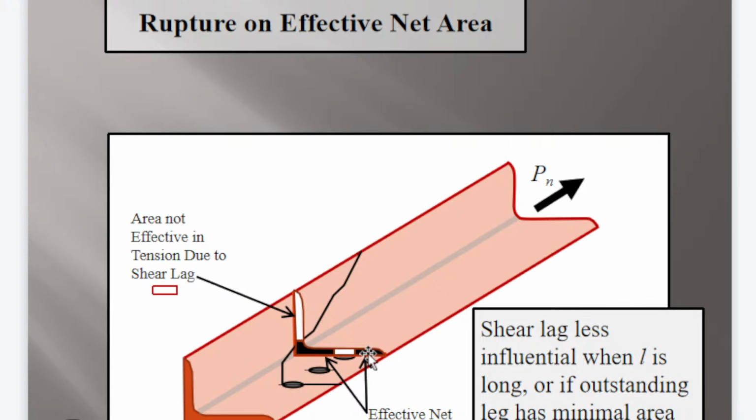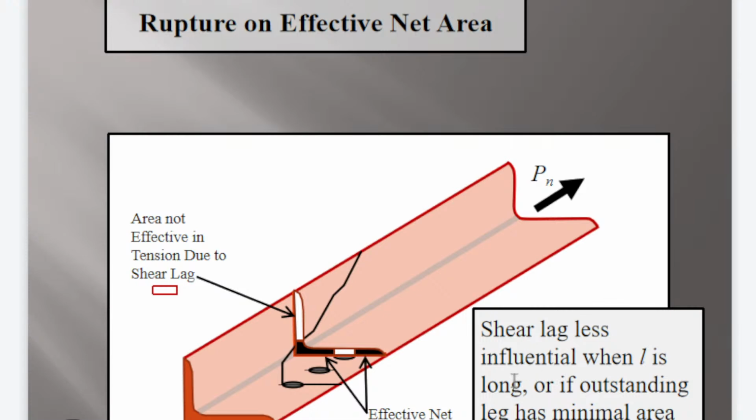These are in tension. The white is the whole projection, and this white is the section wherein we do not experience stress. This means shear lag is less influential when L is long.